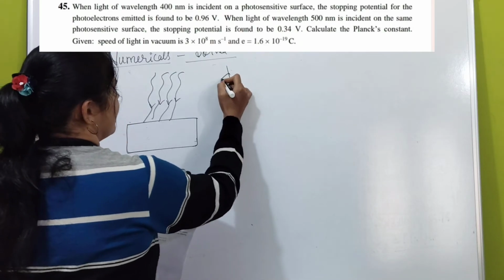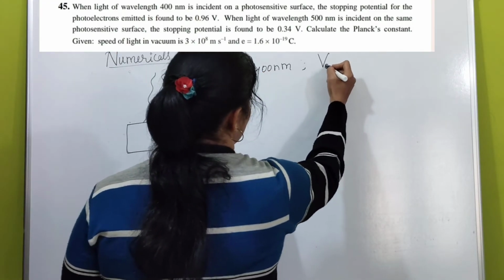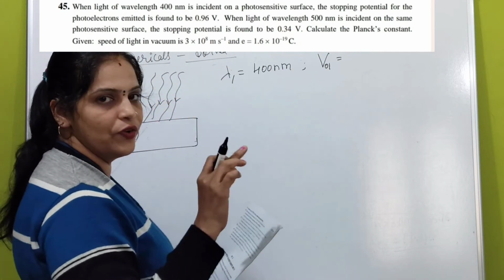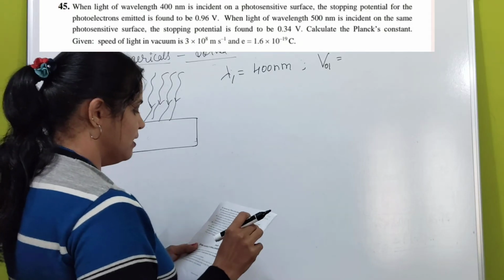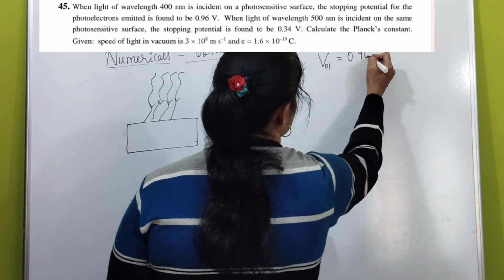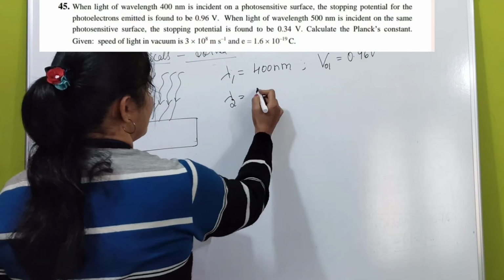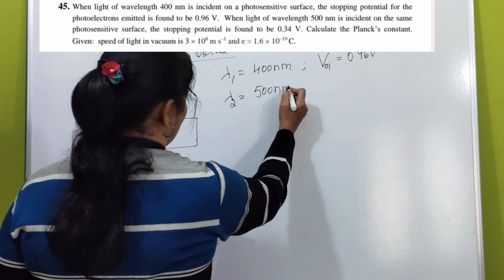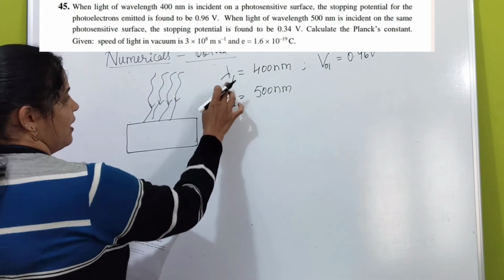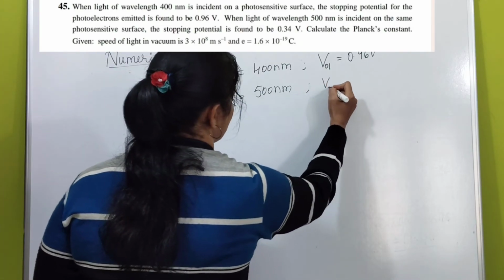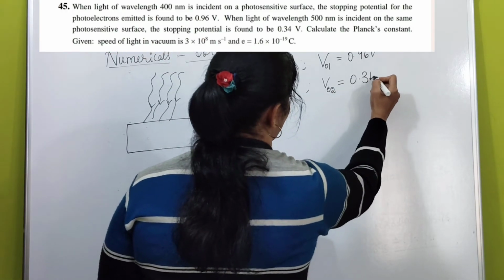That means if the wavelength is 400 nanometer, then the stopping potential V0, for the first one I'll write V01, is 0.96 volt. If I change the wavelength, when light of wavelength 500 nanometer is incident on the same photosensitive surface, the stopping potential changes to V02, that is 0.34 volt.